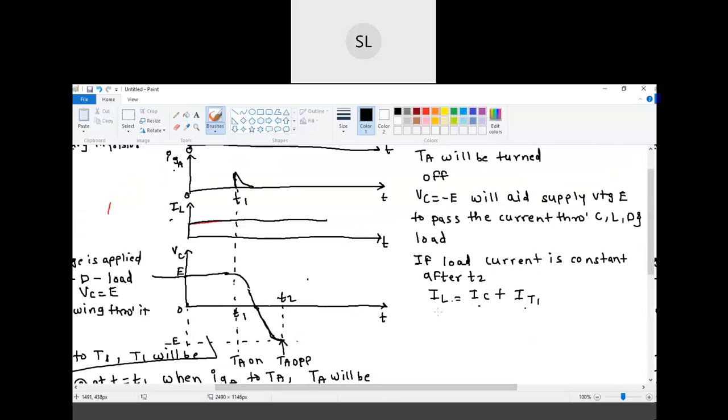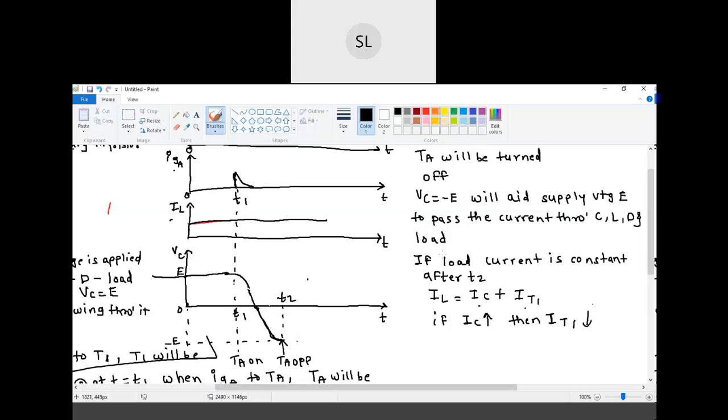Now if IC increases, then the current flowing through thyristor T1 decreases. Okay, if IC increases, then IT1 decreases.